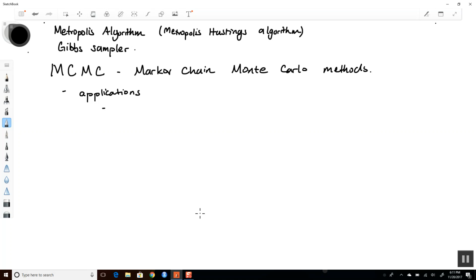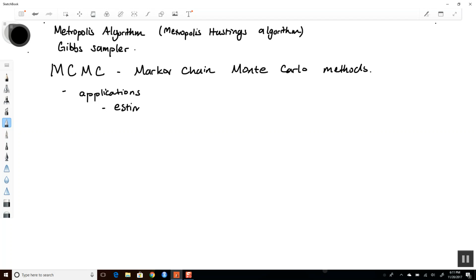We are trying to figure out the density of some probability function, but this probability function is just too hard for us to get the density directly.